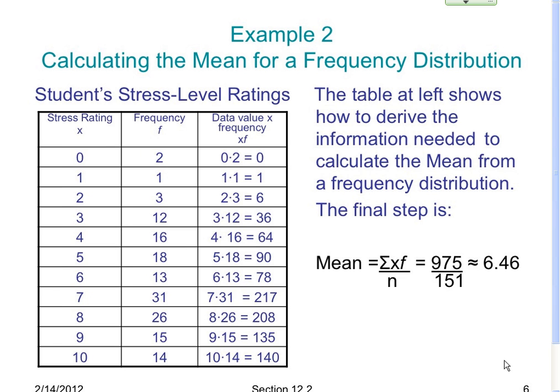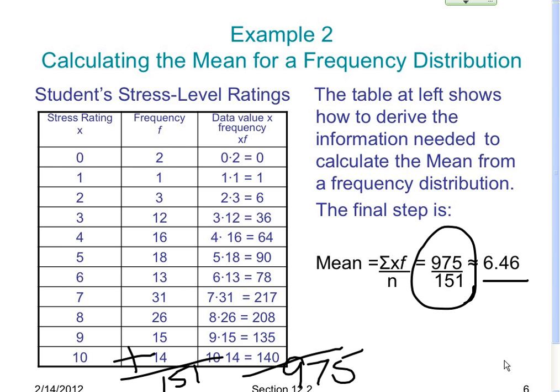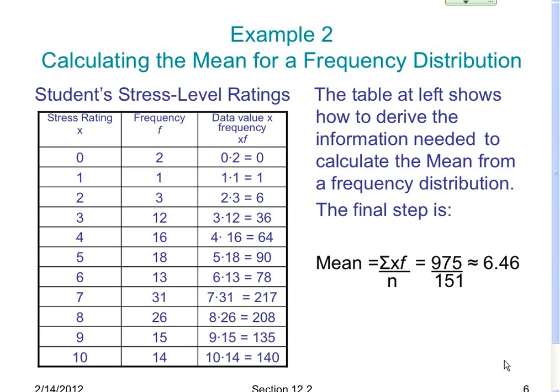So 2 plus 1 plus 3 plus 12 plus 16 plus 18, 13, 31, 26, 15, and 14. If you add these up, it will give you 151. And again, these numbers added up will be the 975. Divide, and you get 6.46. When you're doing mean, this is one of the rare instances where I do want a decimal.